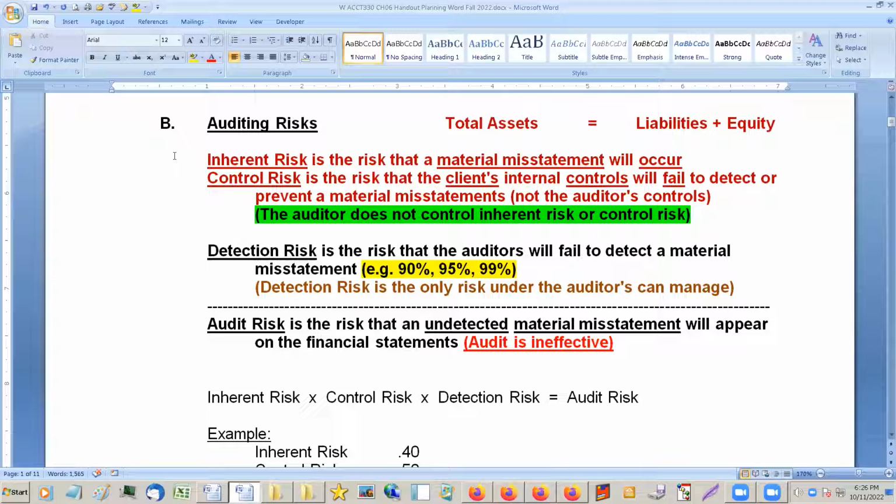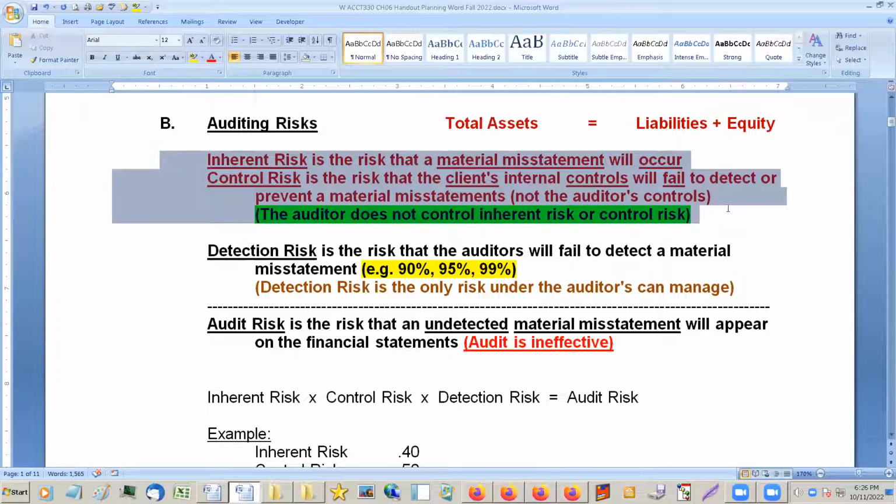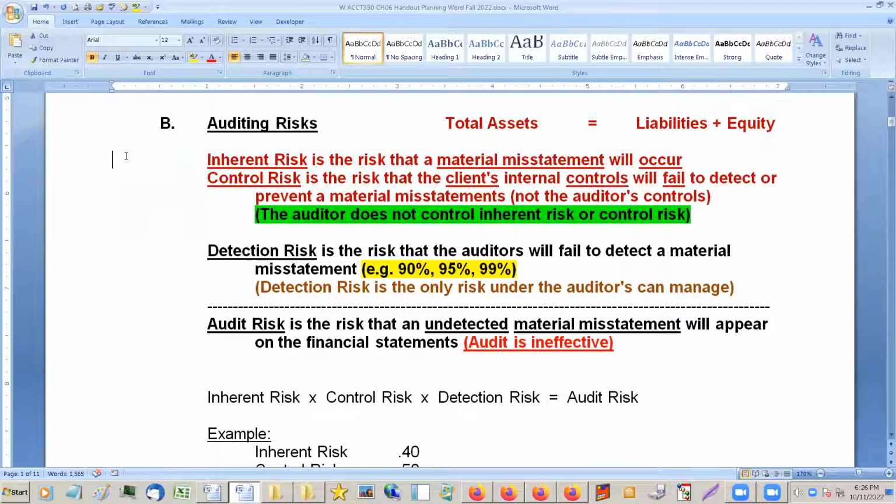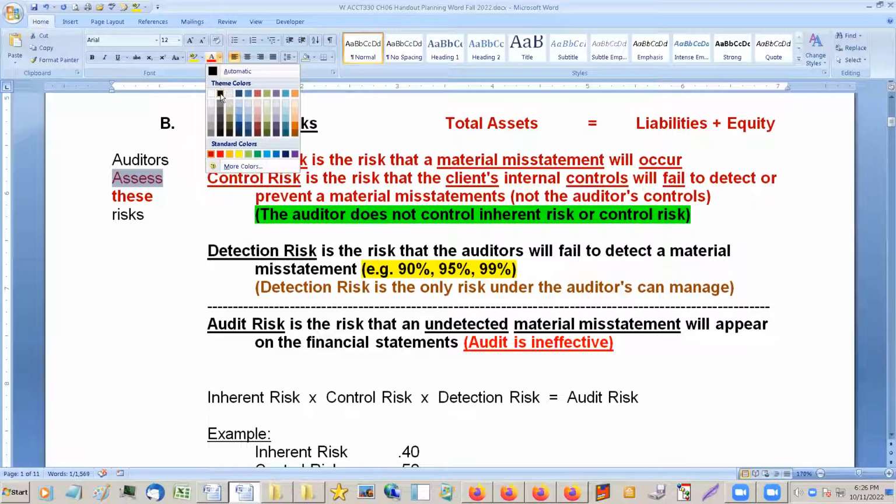Okay, so these are the types of risks. And again, these first two, we simply assess. As auditors, we assess these. Hold on a second.